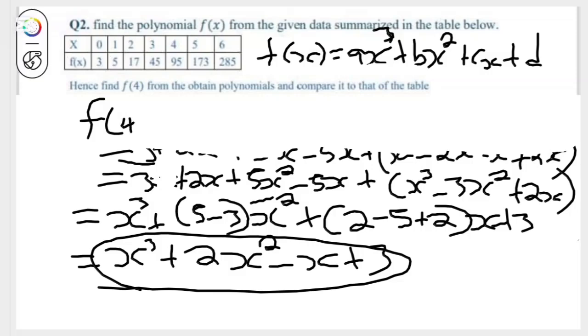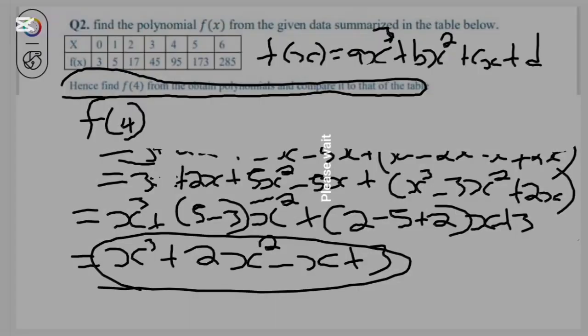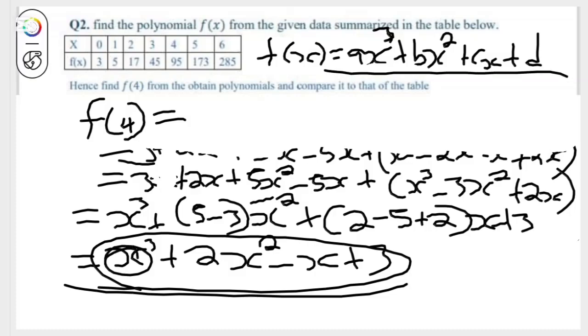So the next thing that I'm going to say, instead of f of x, I will say f of 4, because it says hence f of 4 from the polynomials compared to that table. So this equals, as you can see, it is almost the same thing as this. So I have to substitute the value of 4 in this x.